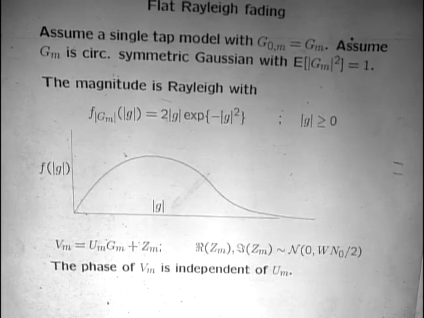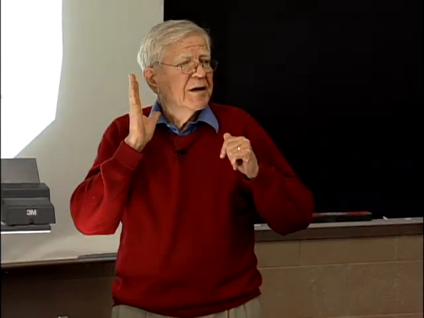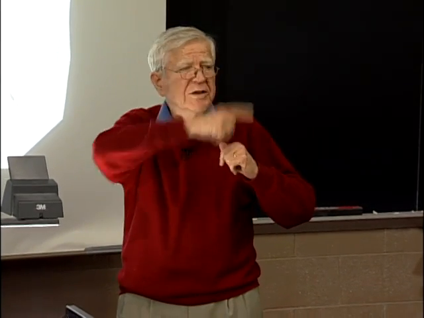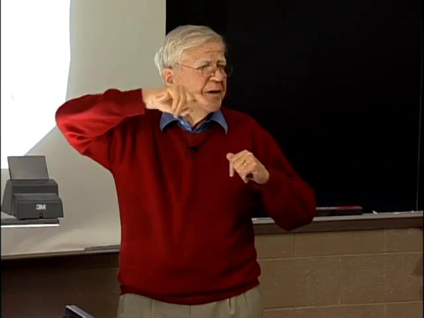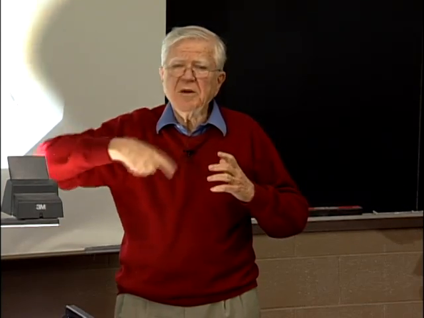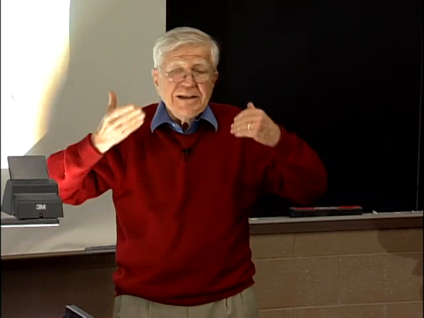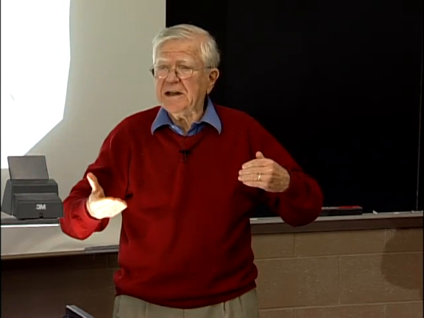No matter what u sub m you transmit in one epoch of time, the channel is going to rotate this around by a completely random phase. It's going to add a noise to it, which has a completely random phase, and the output comes out with a completely random phase.